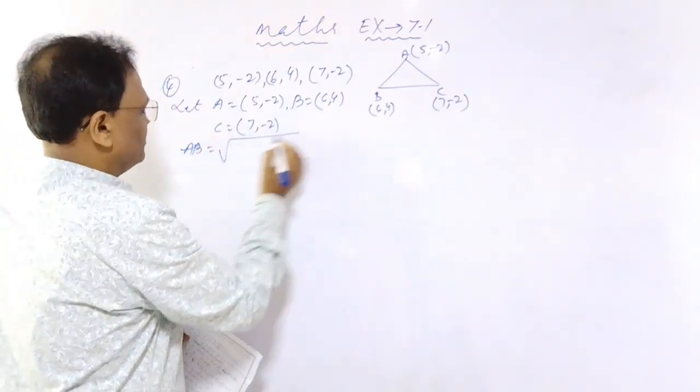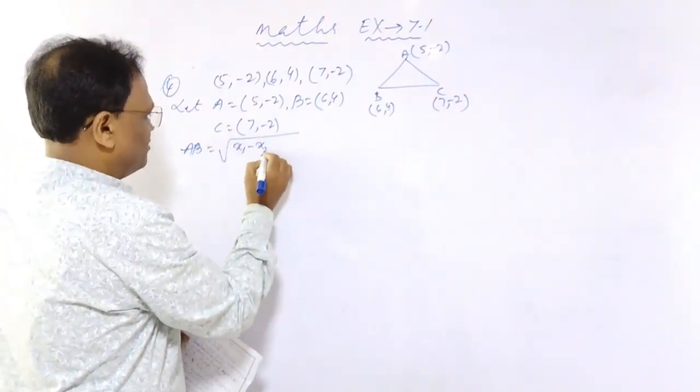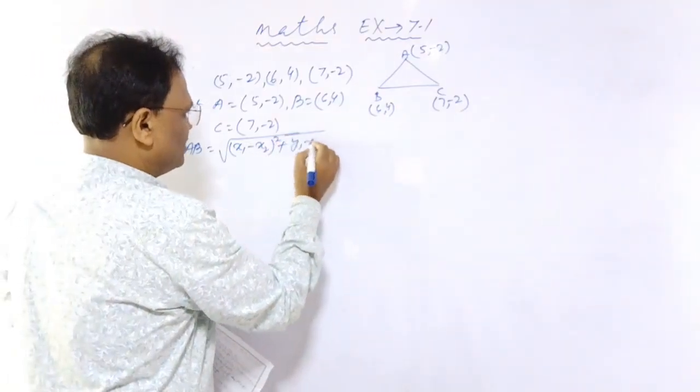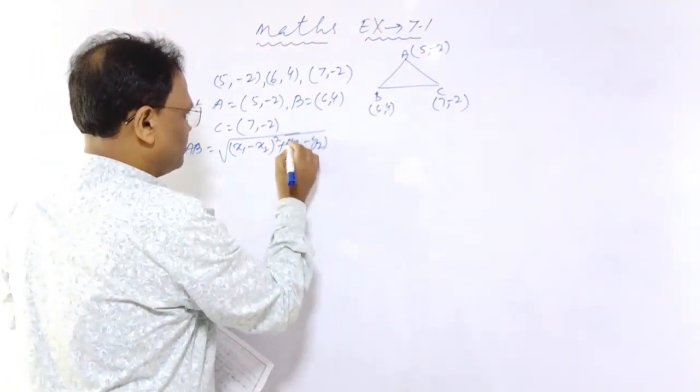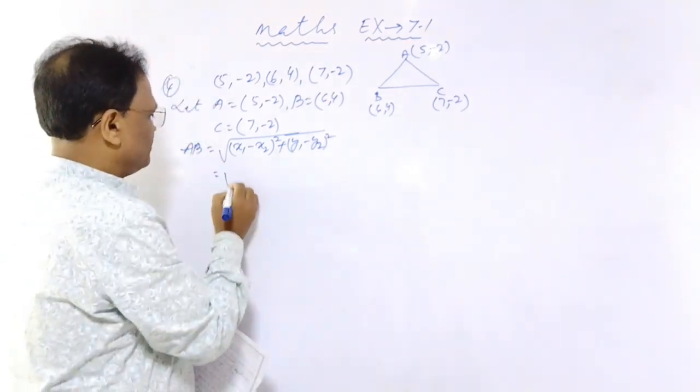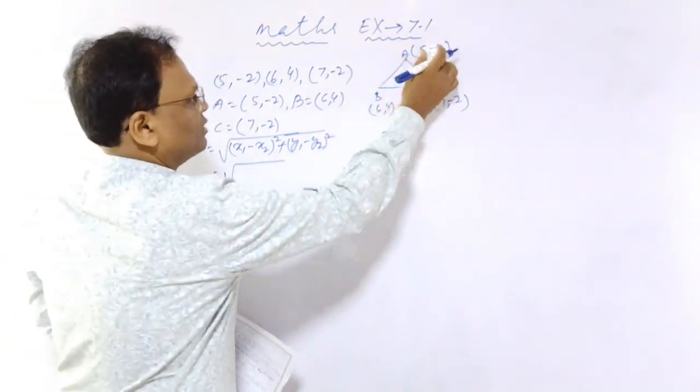AB: x1 minus x2 whole square plus y1 minus y2 whole square. I am finding the side AB, this is x1, y1, x2, y2.